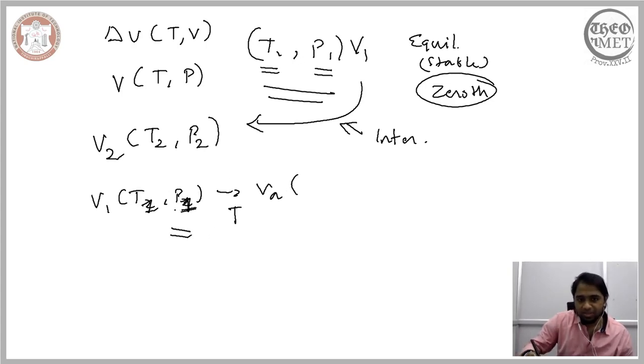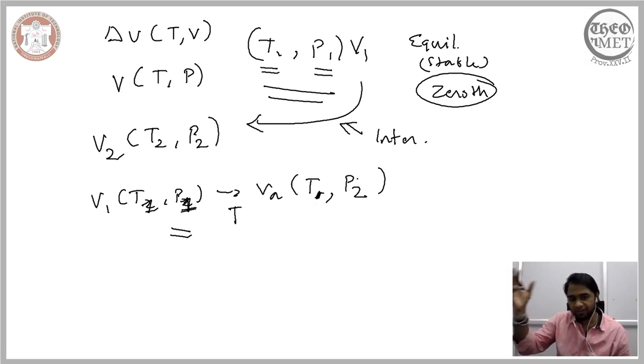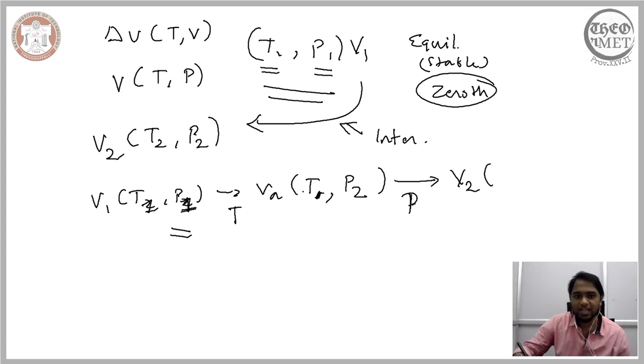The pressure is now changed to the final pressure that we are interested in, while the temperature is fixed to be constant. So the intermediate step is characterized by the constant temperature but a pressure that relates to the final state of the system. As the second step, from the intermediate to the final state, we maintain the pressure constant and change the temperature, thereby arriving at the final state of the system.